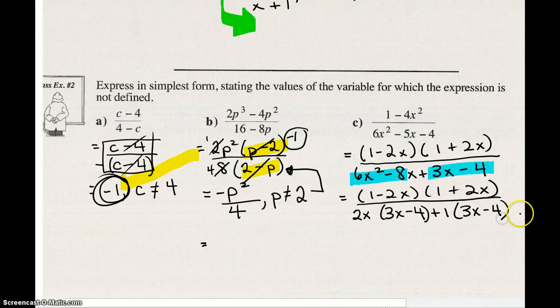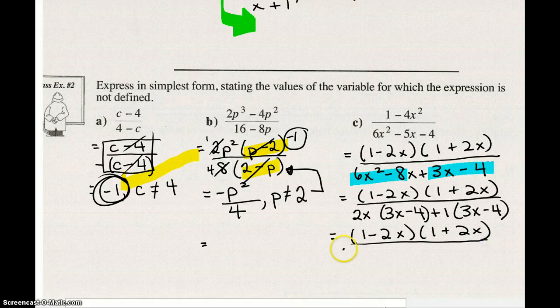Good. Now, next line, same thing, rewrite the numerator. Denominator, I pull out my common factors, which is 3x minus 4. The other one will be 2x plus 1.